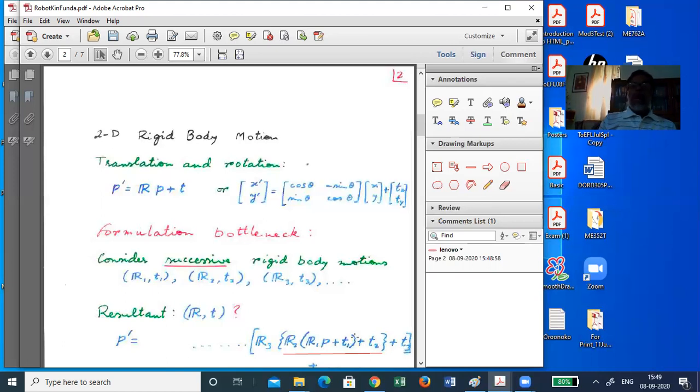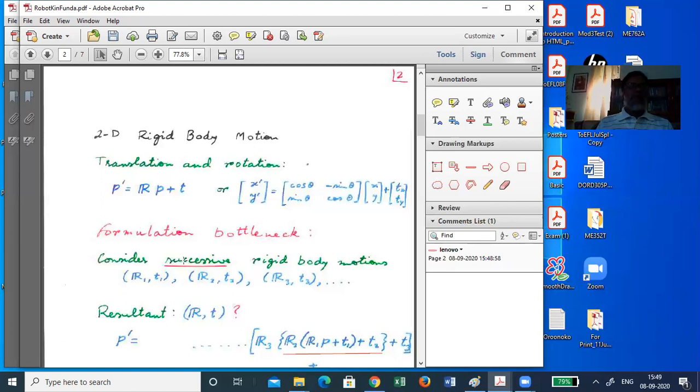Now, if you are asked to work out one rotation and one translation that will represent this entire rigid body motion together, then that will be troublesome. Because then you have to open all this and then find out something times P plus something.